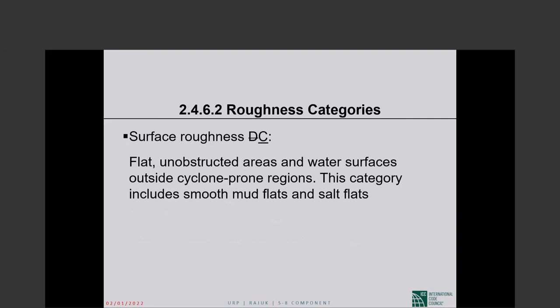C is flat, unobstructed areas and water surfaces outside cyclone-prone regions. Okay?